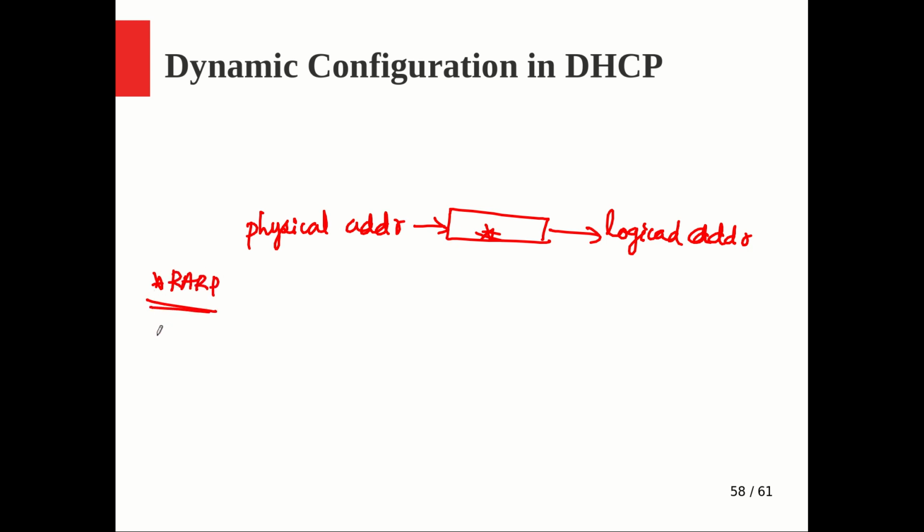And I hope you remember some of the highlights of reverse ARP. First of all, it is a network layer protocol, a network layer supporting protocol along with the IP protocol. Second, the request will be broadcasted, and what kind of broadcasting is done?